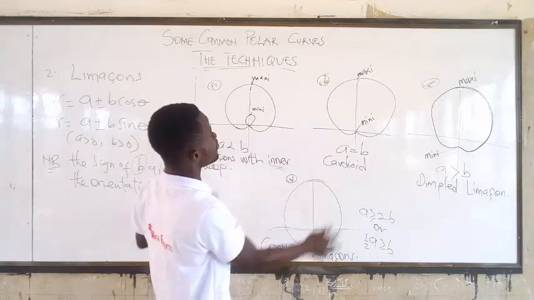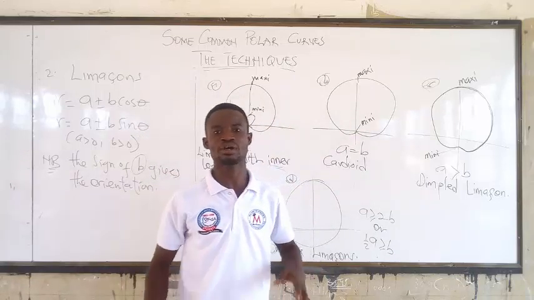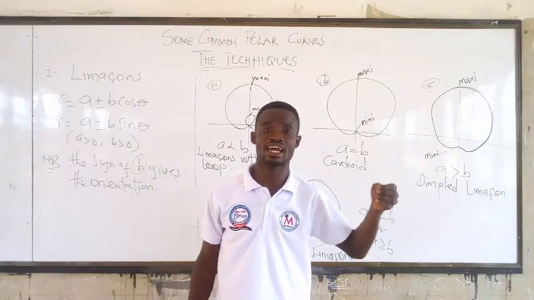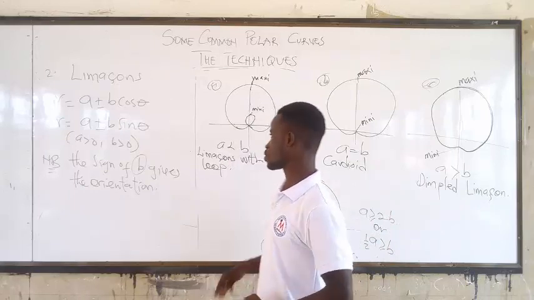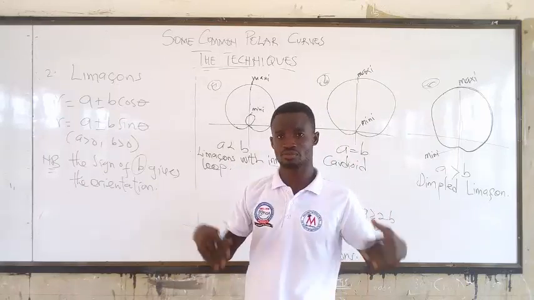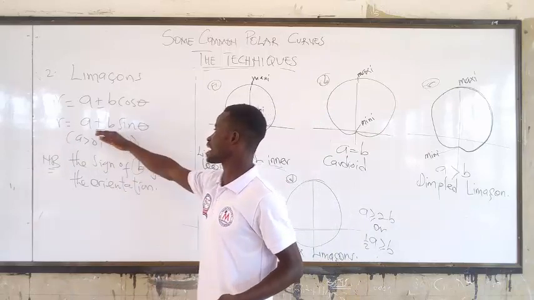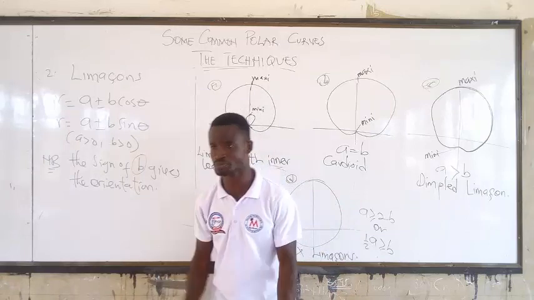So this one that you have here, it's not that because it's y it will always be on the y-axis. It depends on the trigonometric function you are using. Okay? Alright. So I'm just using this as an example. So if it's negative, you know where it's going to be. We have already discovered that and all that.